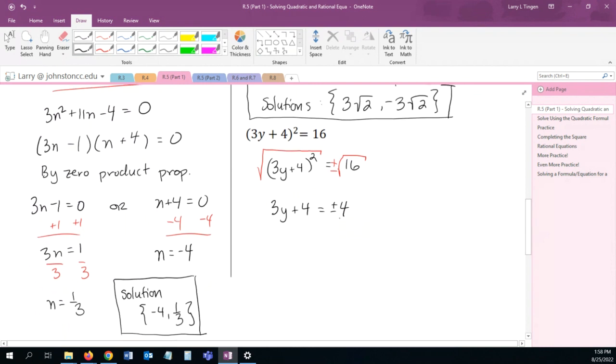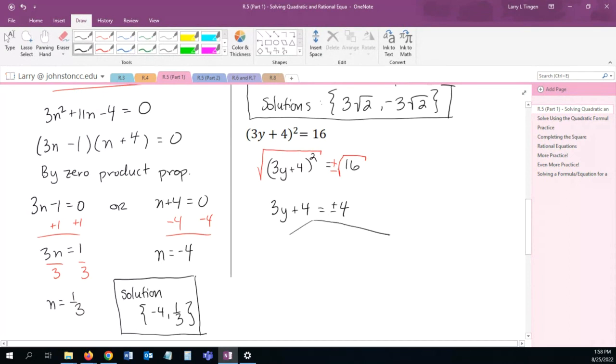Now, to write your answer, this is kind of your own personal touch. At this point, you want to solve for y, so you're going to subtract 4 and then divide by 3. Subtracting 4 and dividing by 3 while you have a number that has a sign with it can be confusing. So what I have here is essentially 2 answers.